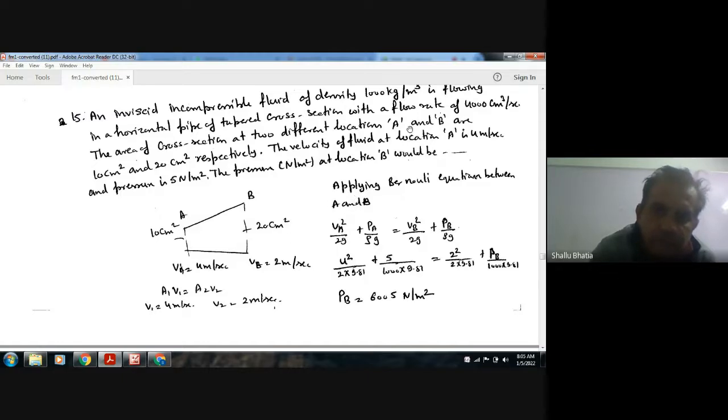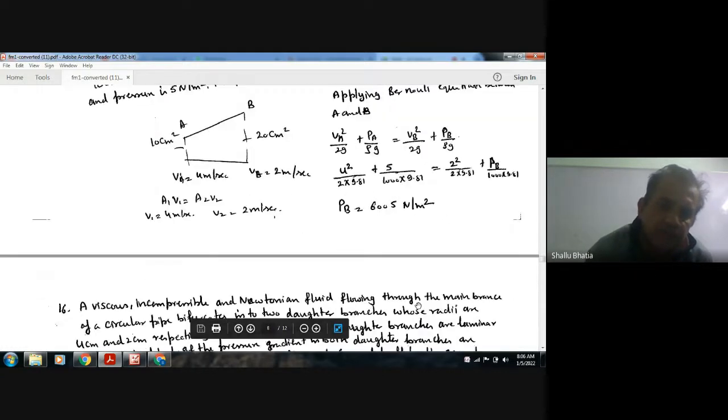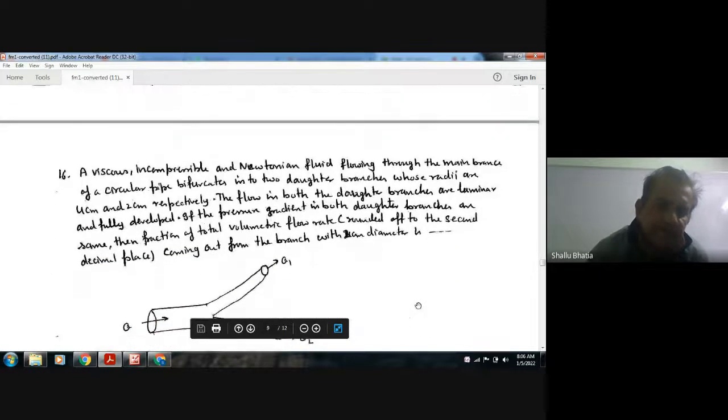VA is 4, so 4 square by 2g, and PA is 5, so 5 by 1000 g, and VB is 2. So we can find PB. You just have to apply the continuity equation and the Bernoulli equation.